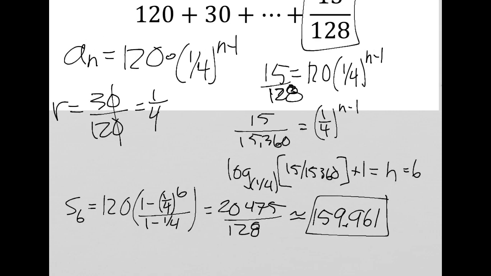And now let's calculate the infinite sum. So to calculate the infinite sum, all you need to do is take the first term and divide it by 1 minus the common ratio, which is pretty nice.